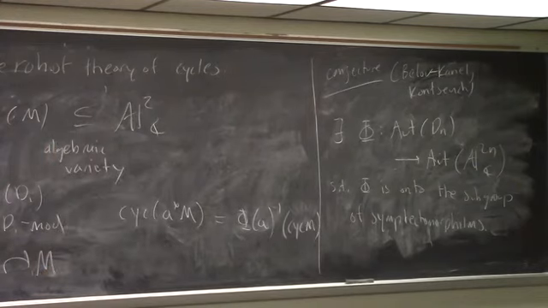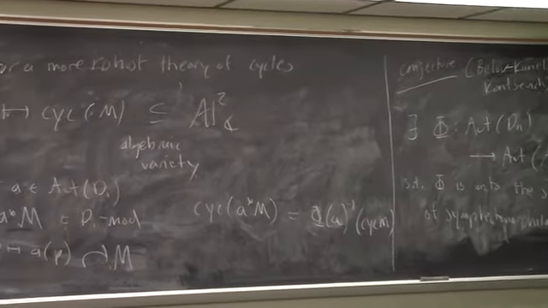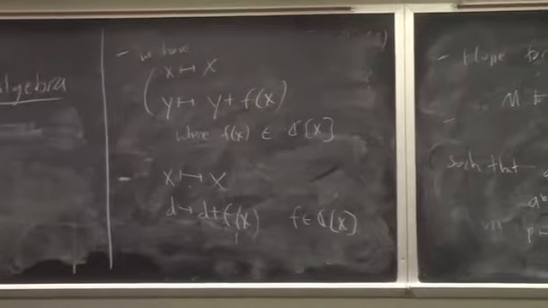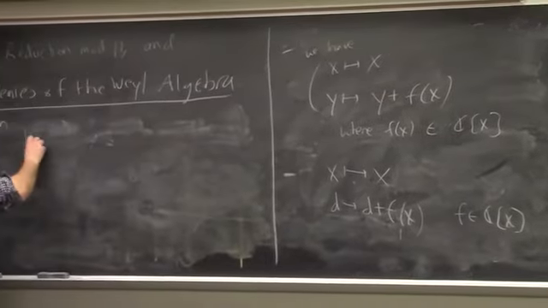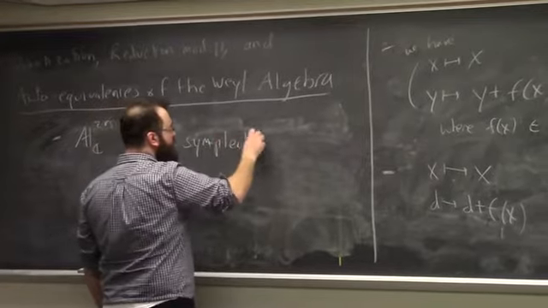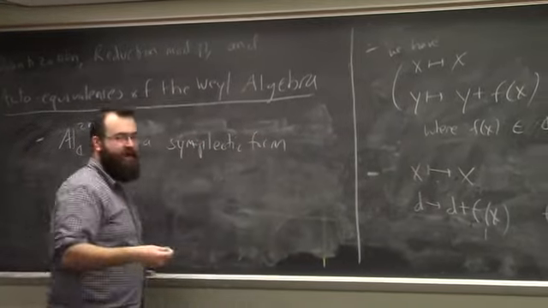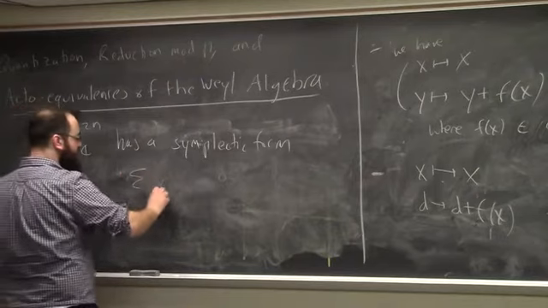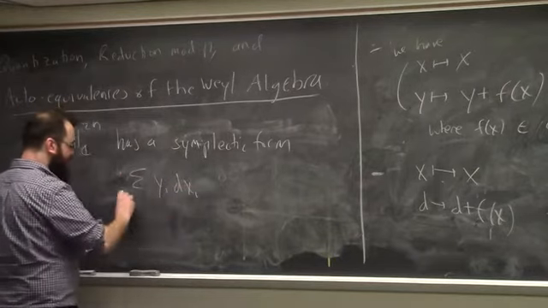This variety, A2n, is an algebraic symplectic variety. So A2n has a symplectic form: if I have coordinates xi and yi, it's d of the sum of yi dxi.